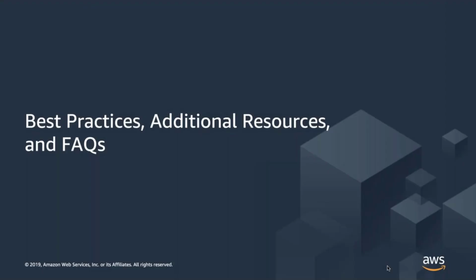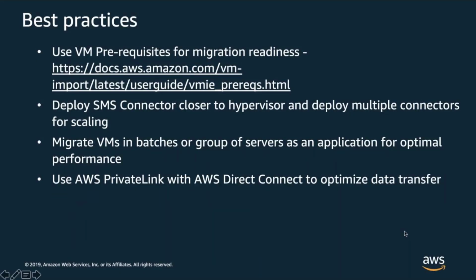Okay, so before we conclude today, let's discuss a few best practices, additional resources, and frequently asked questions. So here are some of the best practices for using AWS Server Migration Service. Before you start the migration, you can use VM prerequisites, which are available on our public website.